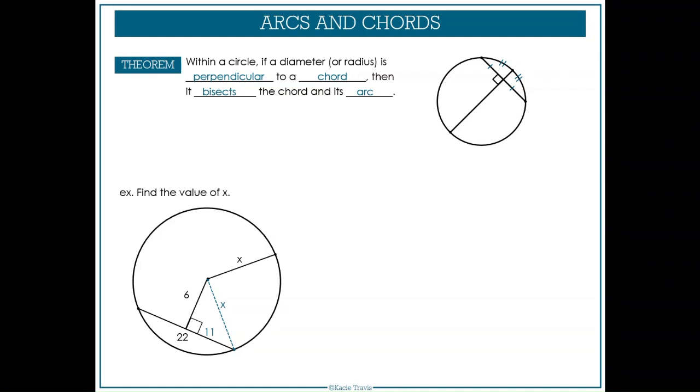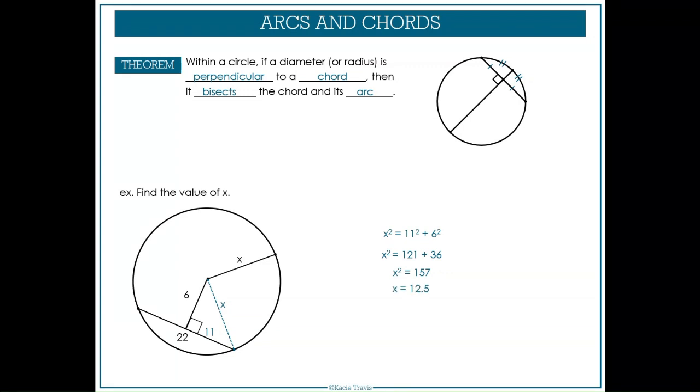So let's do what we do best. We're going to do the Pythagorean theorem. x squared is equal to 11 squared plus 6 squared. 11 squared is 121. 6 squared is 36. When we add those two together, that gives me 157. 157 isn't a perfect square, so we're going to take the square root of this and round as much as we can, probably to the nearest tenth.